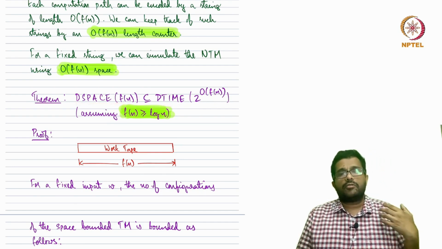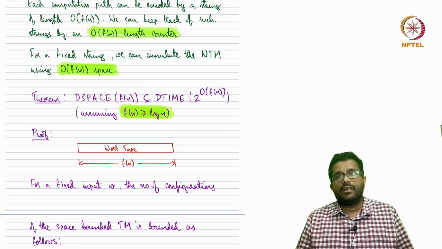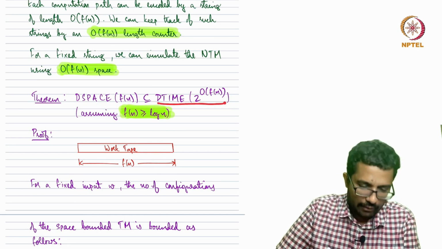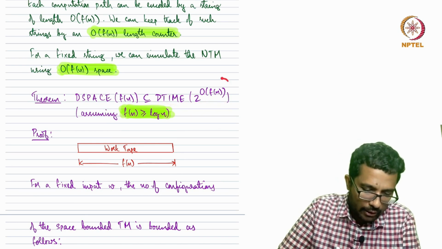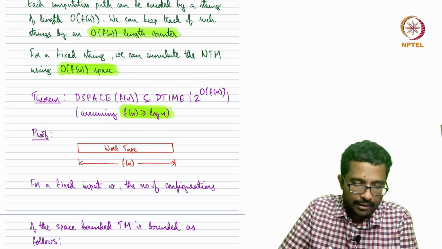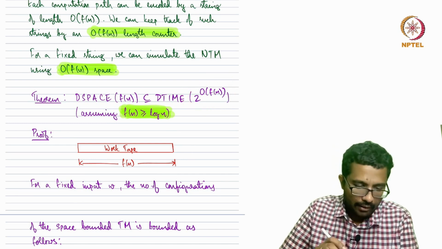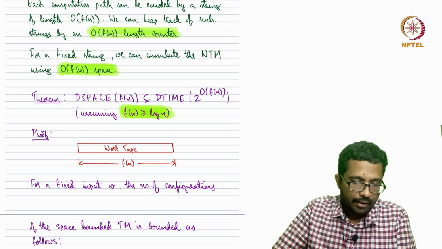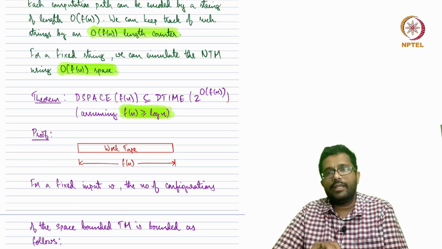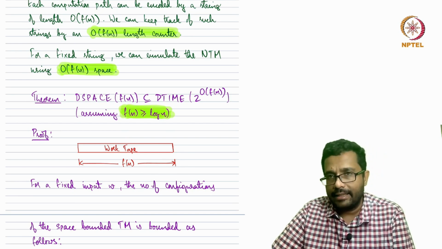We just run that space bounded Turing machine and see how much time it takes. That is going to be good enough. We limit the running of the machine to this much time, and we will always get a decision. If we measure the time taken, it is going to be at most 2 power O(f(n)). If it doesn't conclude by that, we can stop the computation and reject the input.